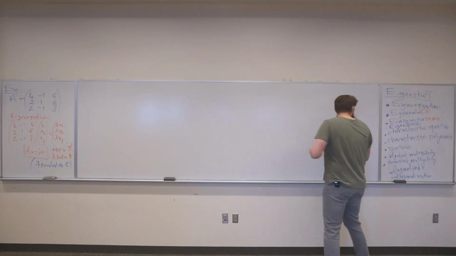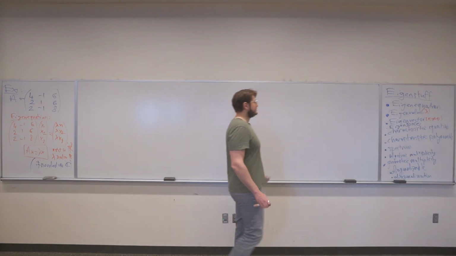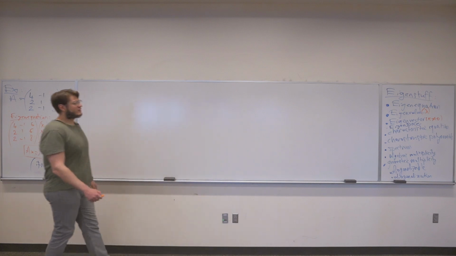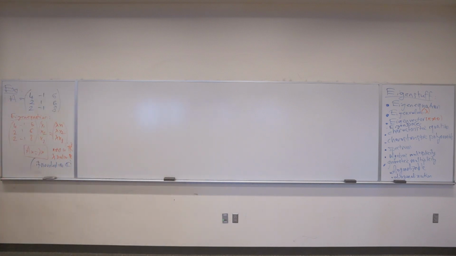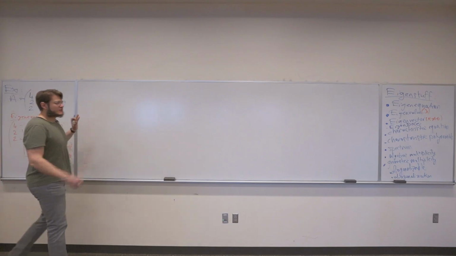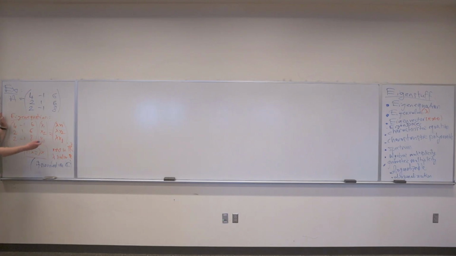So what was the standard operating procedure? You first set up the characteristic equation. Why? Because both the xi's and lambda are unknown, you're multiplying two unknowns. If you leave both lambda and x as variables, this is not a linear equation, which means we don't know how to solve it.